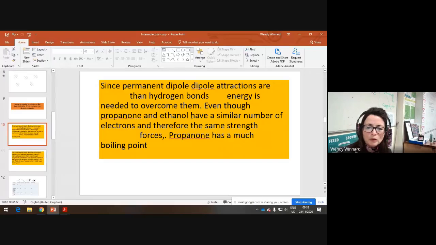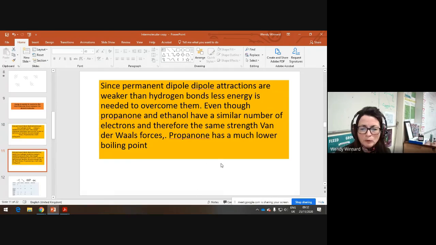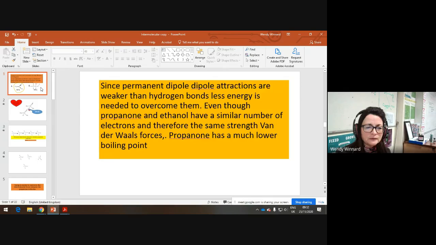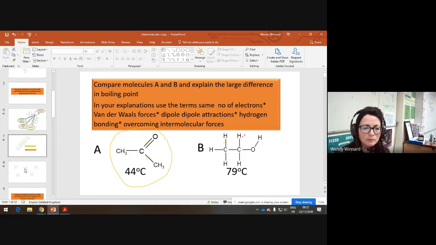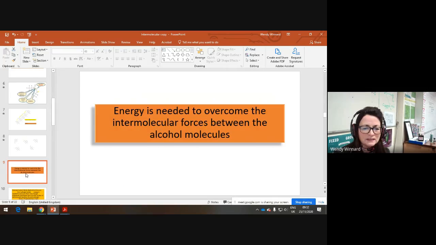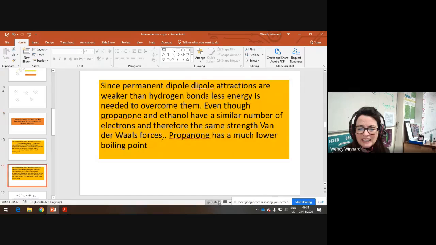Even though propanol and ethanol have the same number of electrons and therefore the same strength of what are called van der Waals forces, which we're going to look at later, propanol has a much lower boiling point. So we've answered a question on comparing boiling points. Your answer would be the same bog standard answer in any case when you're asked to compare the boiling points of two substances.